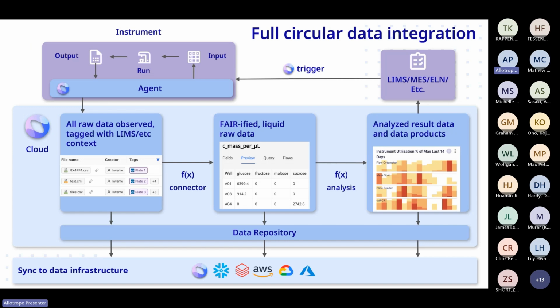So I like the theme of loops that's emerging a little bit in some of these presentations, and our version of the loop, which I think is a very specific, like, instrument execution unit operation version of the loop of the data lifecycle with Ganymede, is this flow of running a lab instrument. This is the most complete integration.